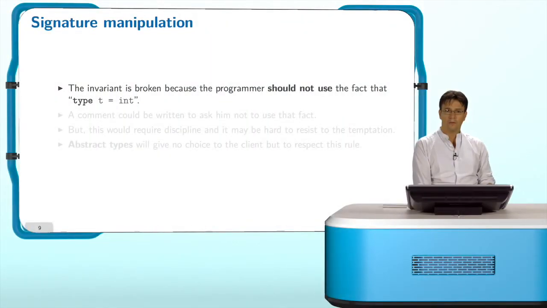So we have a problem in this example because some invariant is broken by the programmer who used a fact that they shouldn't use: the fact that t is in fact implemented by integers.